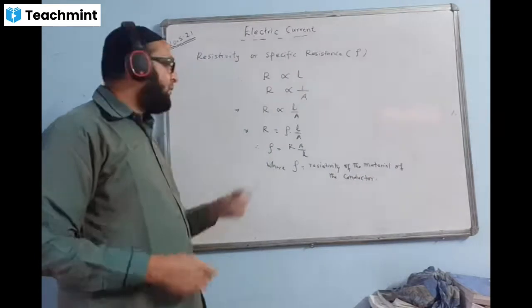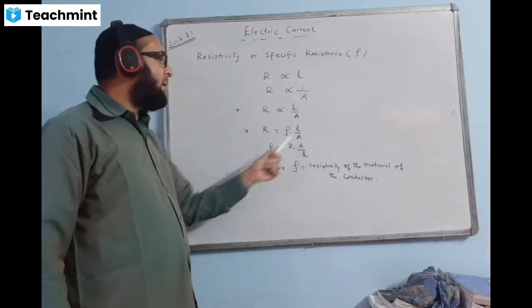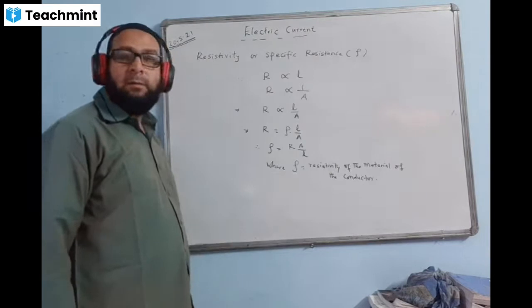So we have the formula R is equal to rho L by A, or rho is equal to RA by L. Okay.